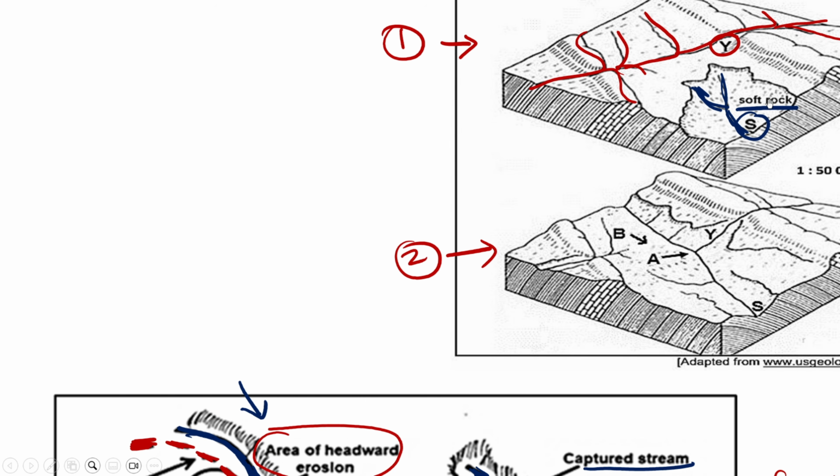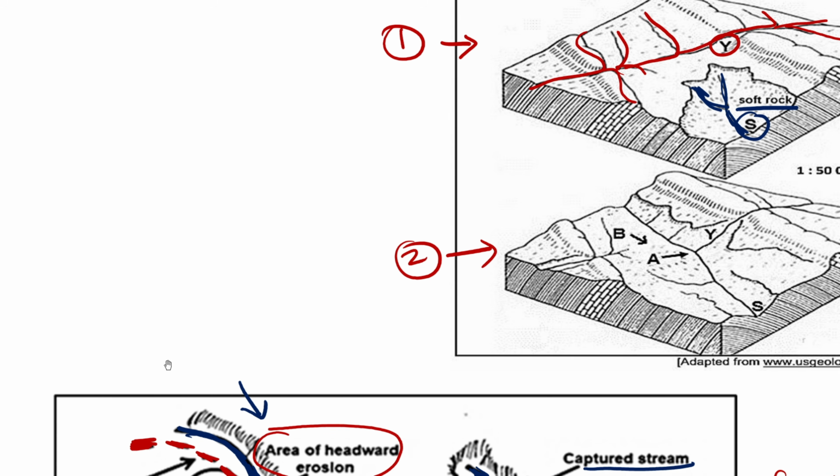The fact that it's written soft rock, we already know that stream S is eroding backwards so that it can capture stream Y. Remember that headward erosion is promoted by soft rock that is easily eroded or easily undercut when the water is flowing forward. So basically this will be backward erosion. So stream S will try to erode backwards and capture stream Y.